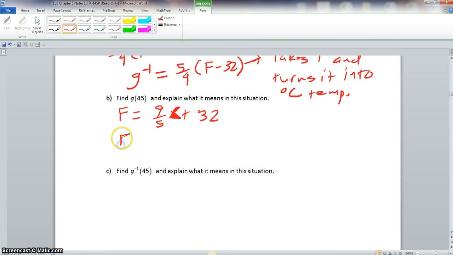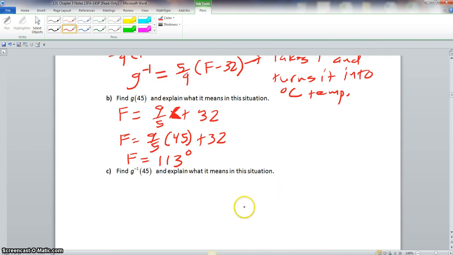So we will have F is equal to 9/5 times 45, because we know the 45 represents C, plus 32. Now, after you put this in your calculator, it will give you 113 degrees. And that will be your final answer.